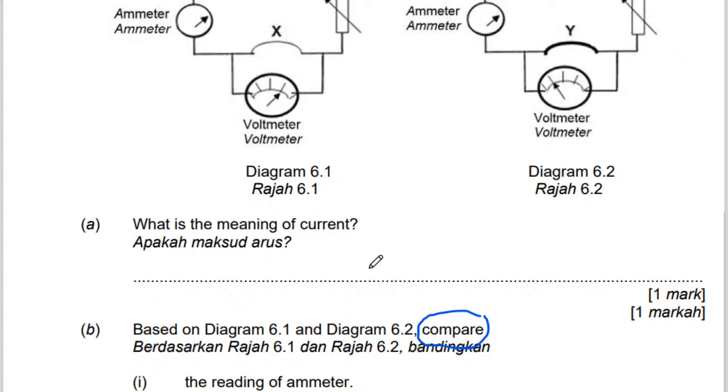Now we are talking about current: the rate of flow of charge. The formula for current is from this: Q = It, so I = Q/t.